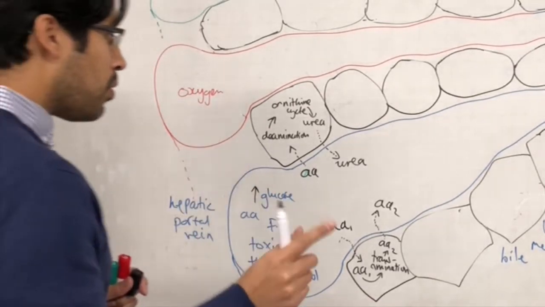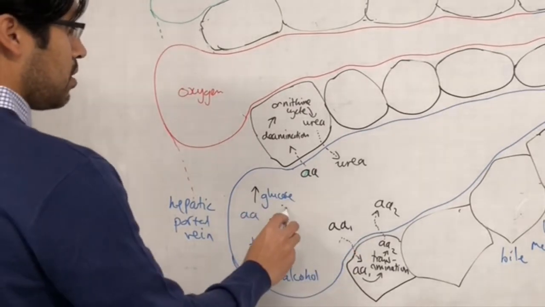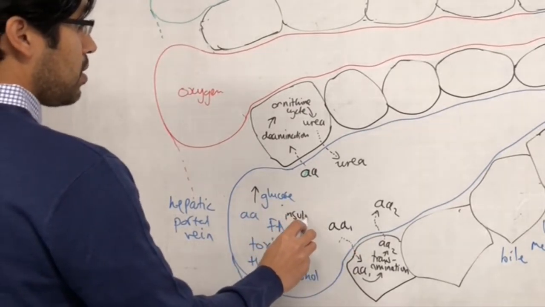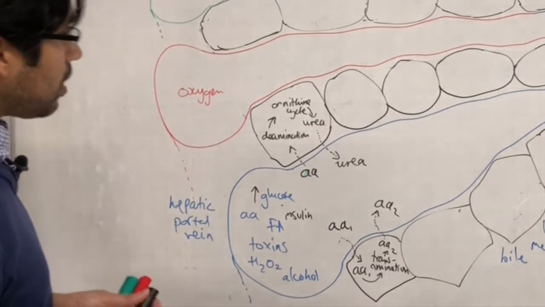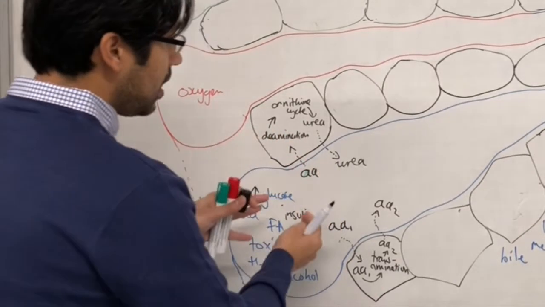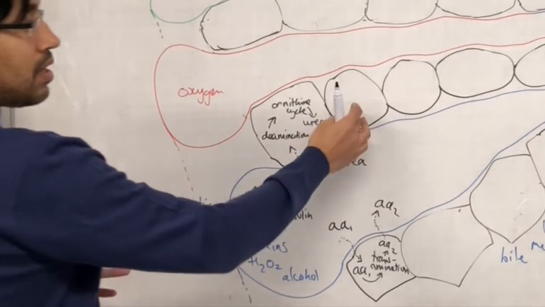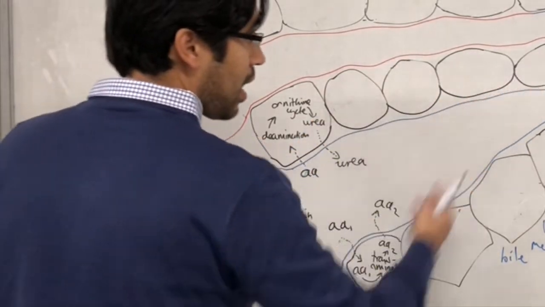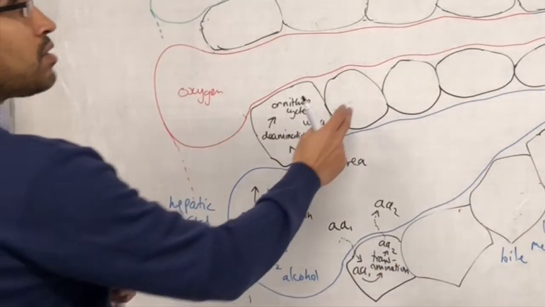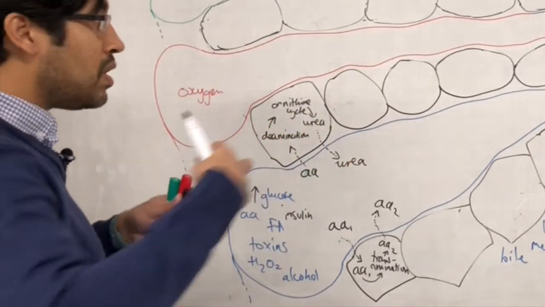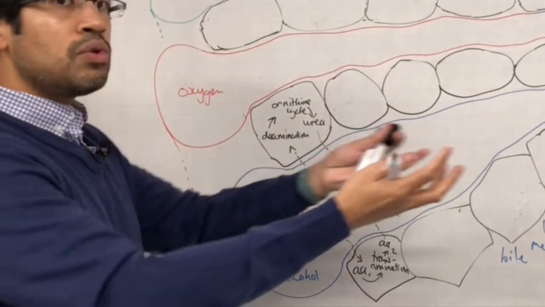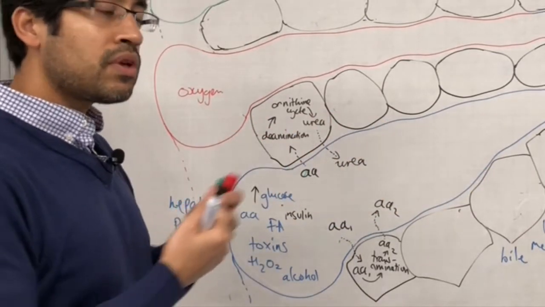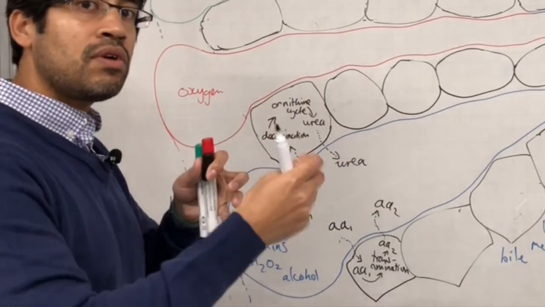Okay, but we'd also have insulin in the blood as well, released by the beta cells of the pancreas. And insulin will be binding to these hepatocyte cells as the blood flows past, and so the hepatocyte cells will be readjusting their metabolic activity to absorb glucose from the blood and convert it into glycogen.